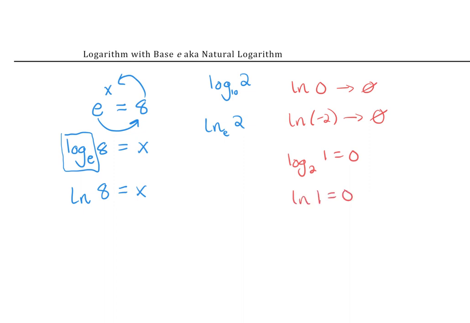Now what happens if we have natural log of e? Well, let's think about that. This is base e, so e to what power equals e? Oh, 1. Anytime you see ln e, you have to know that equals 1. We often will just cancel it out.